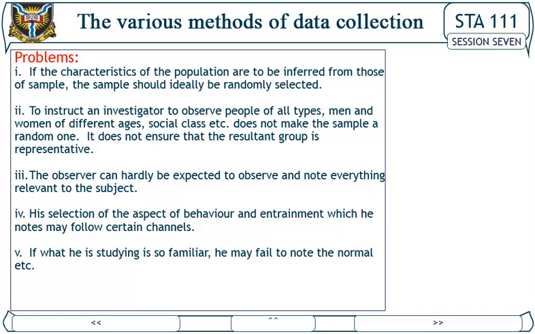It does not ensure that the resultant group is representative. 3. The observer can hardly be expected to observe and note everything relevant to the subject. 4. His selection of the aspects of behavior and environment which he notes may follow certain channels. 5. If what he is studying is so familiar, he may fail to note the normal, etc.